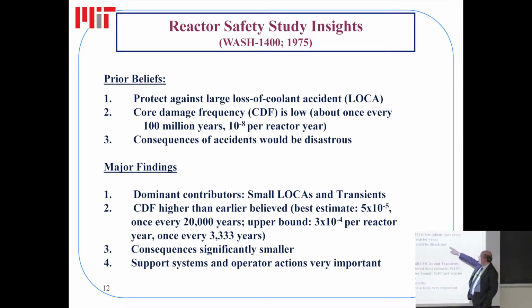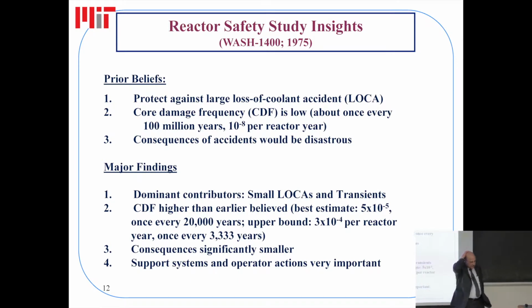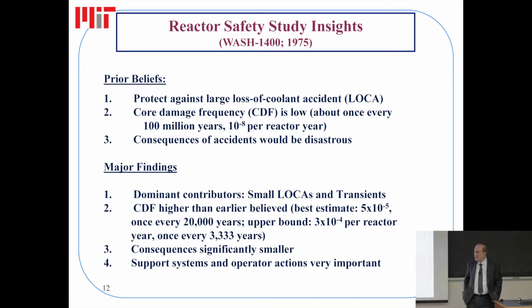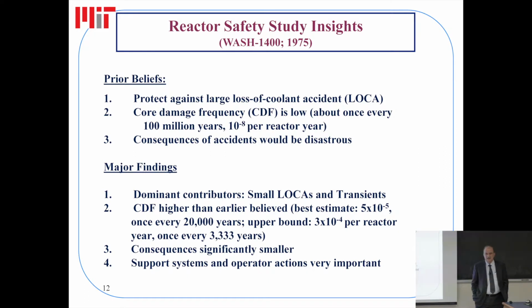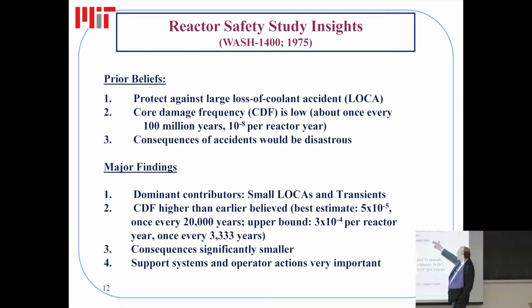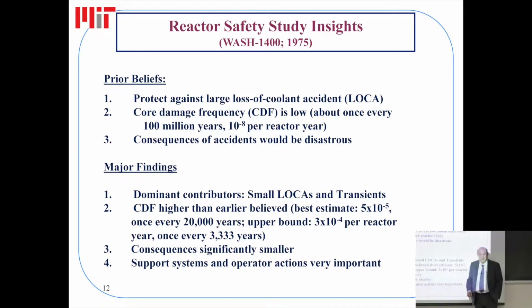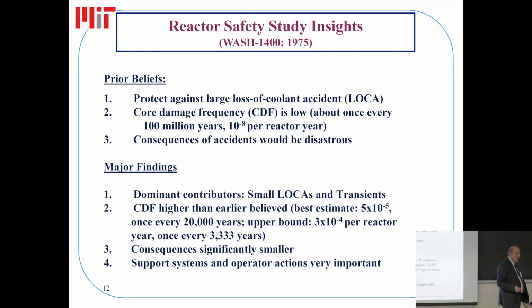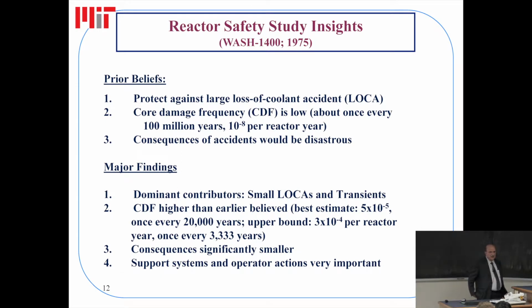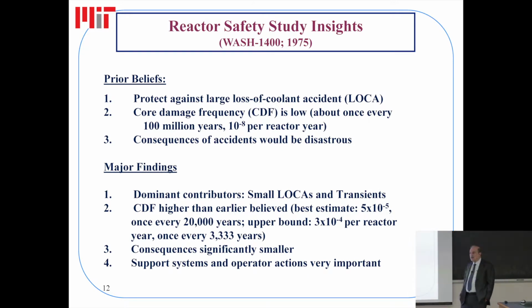And at that time, because of some studies that had been done at Brookhaven National Laboratory, the infamous WASH-740, that said that if there is a serious accident at Indian Point, everybody in New York City would die, just about everybody, people felt at the time that the consequences would be disastrous. And here comes the PRA: no, even if the core is damaged and there is release of radioactivity to the environment, the consequences are significantly smaller than what people thought.